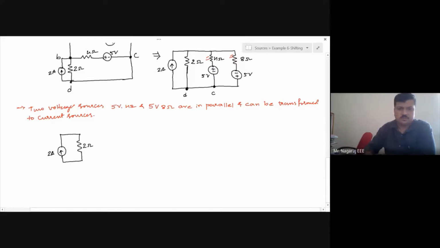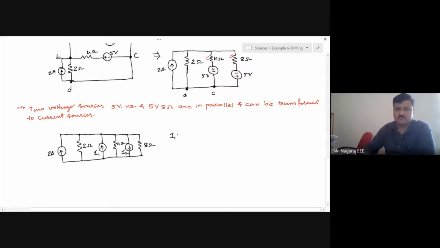Okay. So this is 4 ohms and this is 8 ohms. Now the direction of 5 volt is upward, so this will be upward. Let this be I1, and the direction of the other 5 volt is downward, and let this be I2.